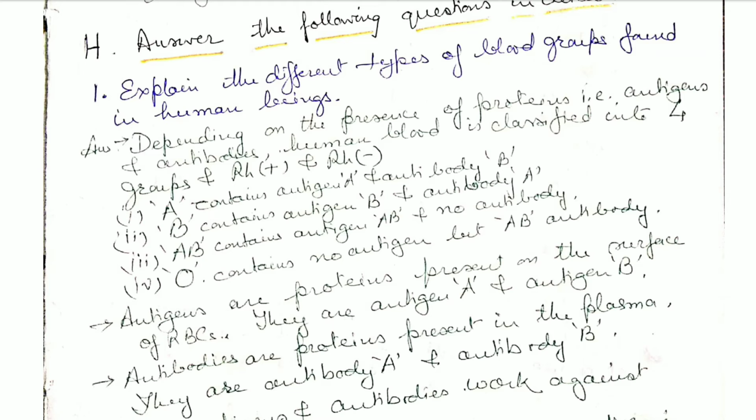The first is A, which contains antigen A and antibody B, whereas B blood group contains antigen B and antibody A. Now AB contains antigen A and B and no antibody, whereas O blood group contains no antigen but antibodies A and B.